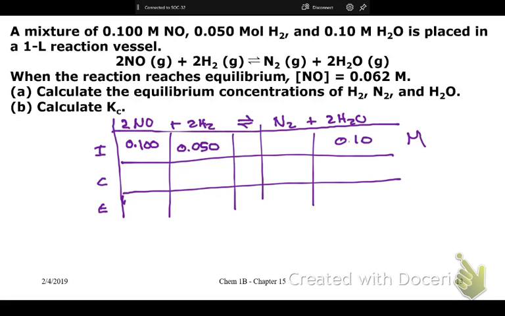I believe I meant to originally change that all into molarity units so we didn't have to think about volume, but that's all right. And then it says, when the reaction reaches equilibrium, the concentration of NO is 0.062.